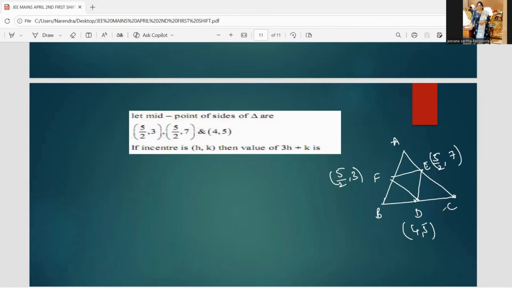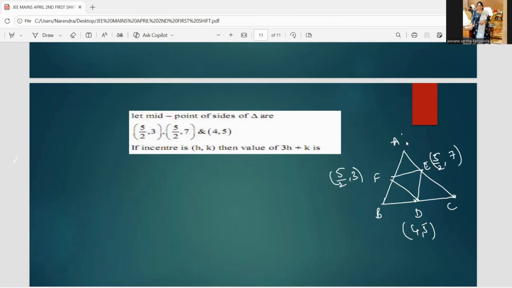We already know that the centroid of the triangle ABC will be the same as the centroid of the triangle DEF. The centroid of the triangle formed with midpoints is the same as the centroid of the original triangle. So it is easy to find the summation of the x coordinates of the triangle ABC using the midpoints.